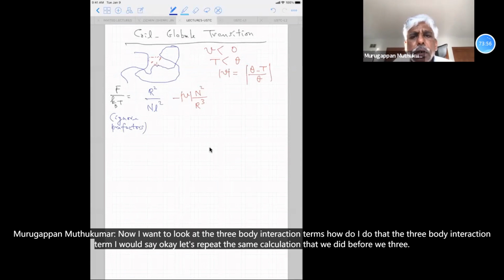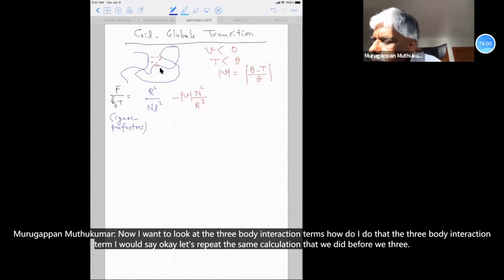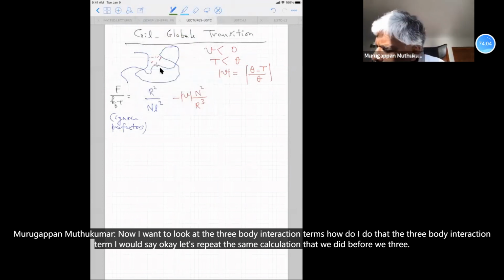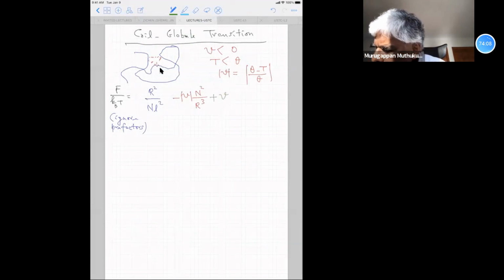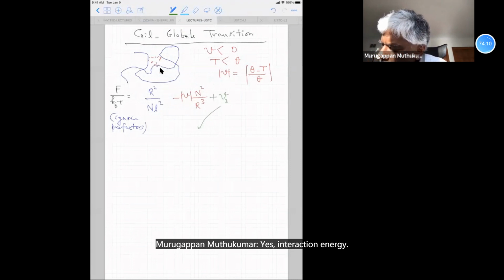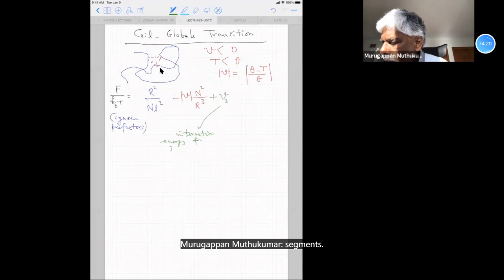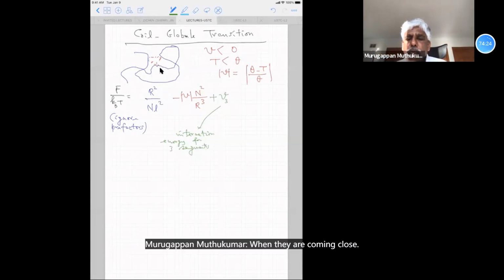Now I want to look at the three-body interaction term. How do I do that? I would say, okay, let's repeat the same calculation that we did before. V3 is the interaction energy for three segments when they are coming close.